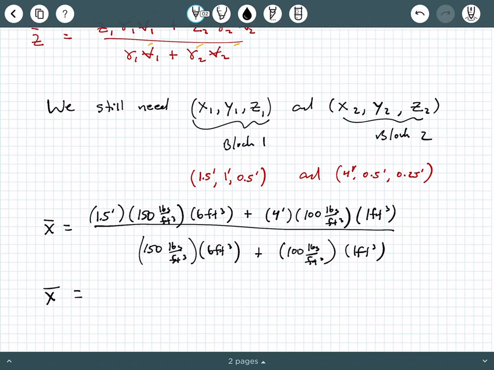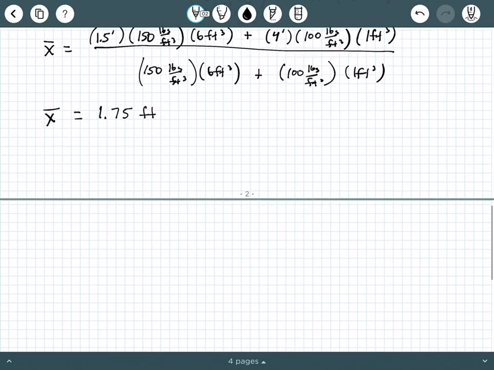So x bar equals, now you gotta punch this in your calculator very carefully. 1.5 times 150 times 6 plus 4 times 100 times 1, and then we're dividing by 150 times 6 plus 100 times 1. So I get 1.75 feet. Final units are feet.